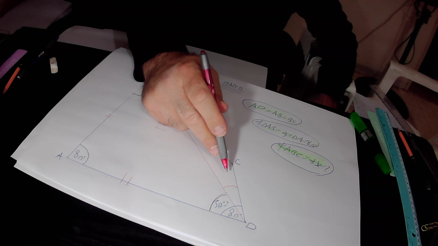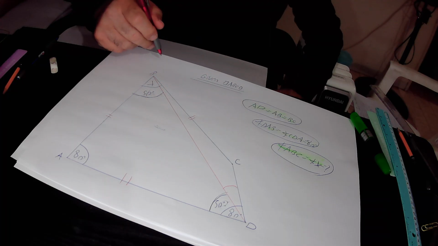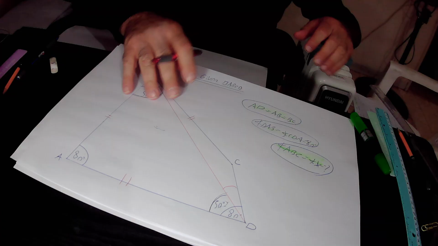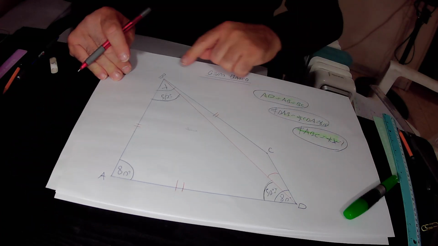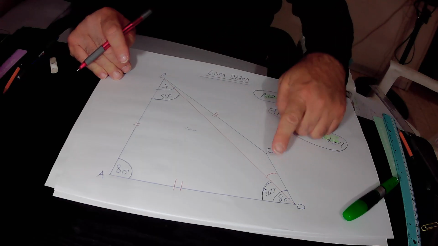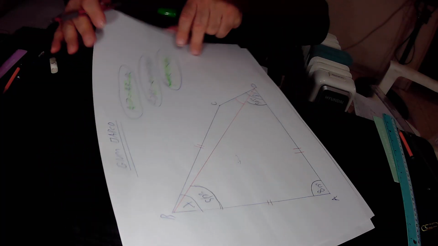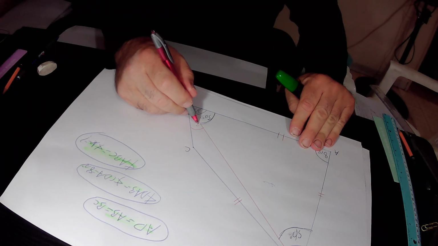So 80 degrees minus 50 degrees is 30 degrees. So the size of the missing angle BDC is equal to 30 degrees.